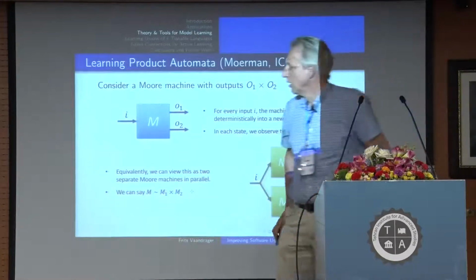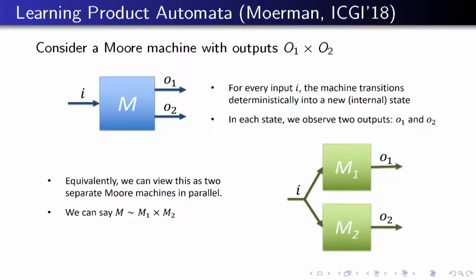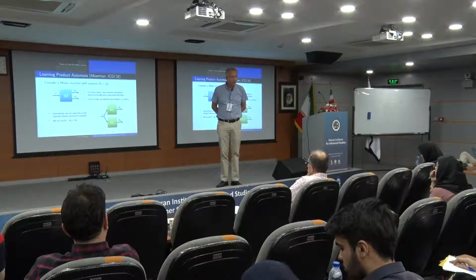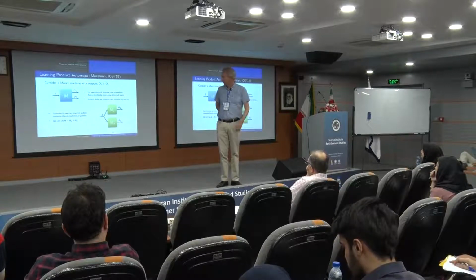So what are we working on right now? These active automata learning algorithms perform pretty well on many case studies, but there are limitations. There were questions, I think, about timing. That is an issue, we're working on that.